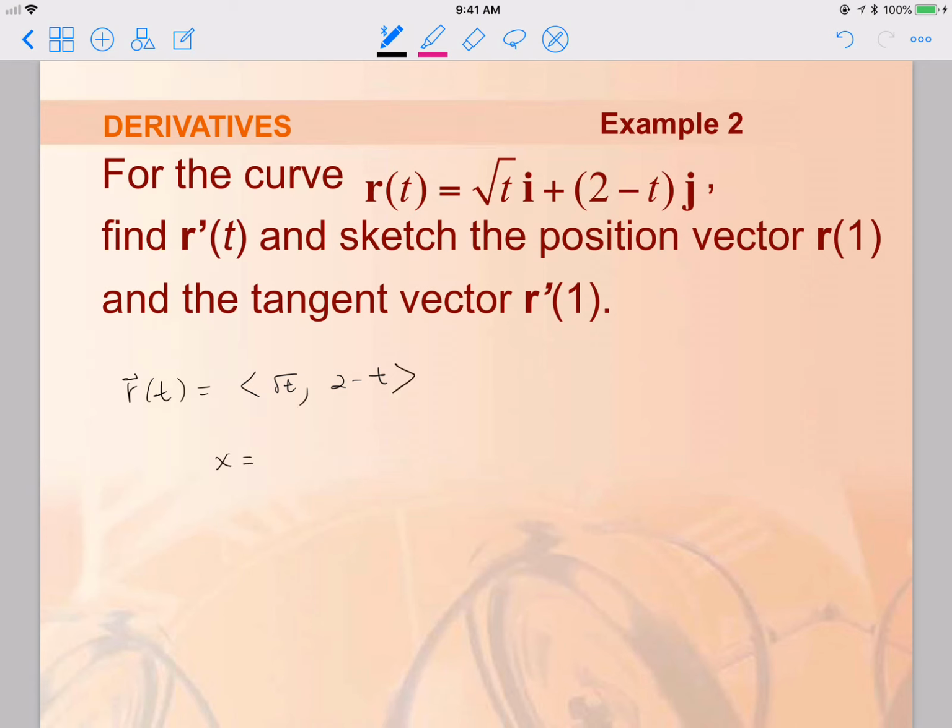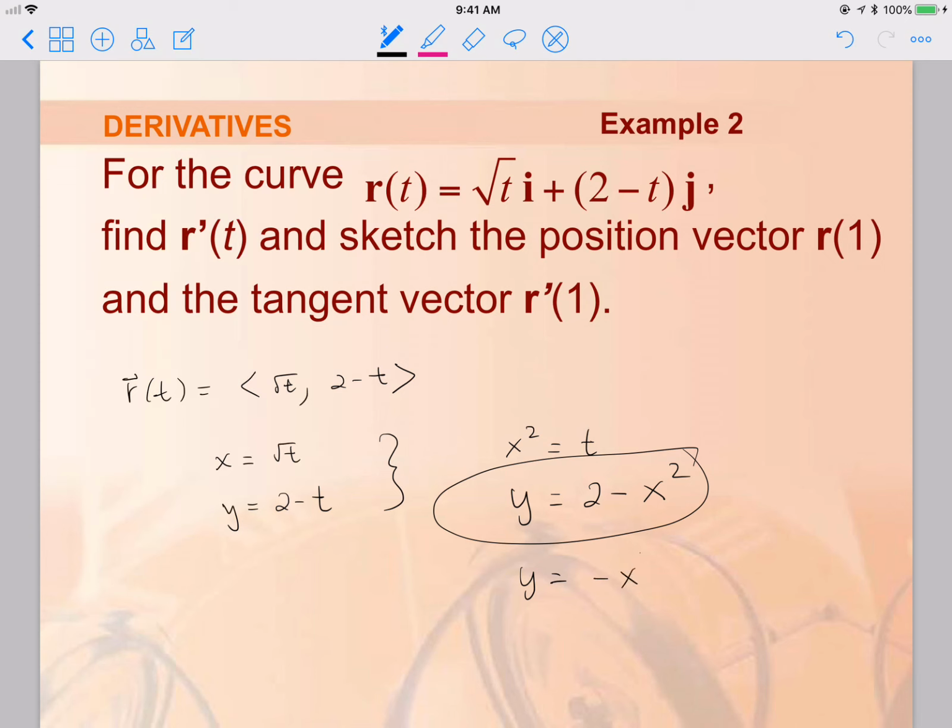So if you write that as x is square root of t and y is 2 minus t, then, and it might have been a while since you did this, just as a reminder, you can eliminate a variable by saying that x squared is equal to t. Does that make sense? So now we've got y is equal to 2 minus x squared. This is a graph of negative x squared plus 2. This would be a graph of a parabola facing downward and translated up.